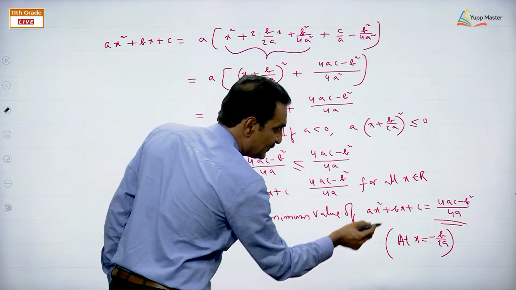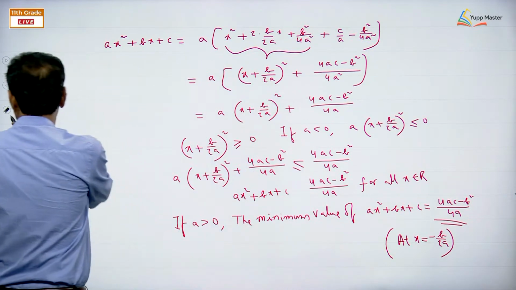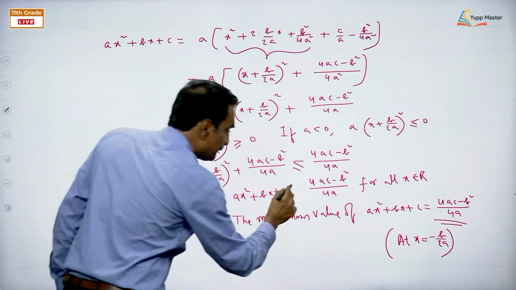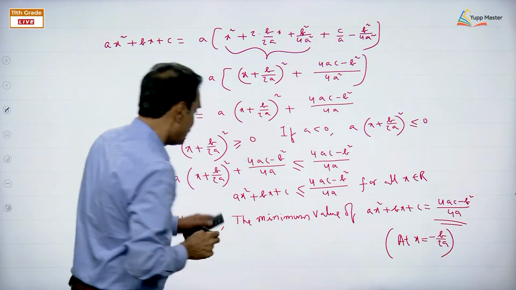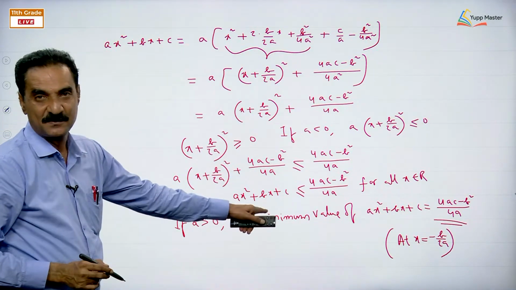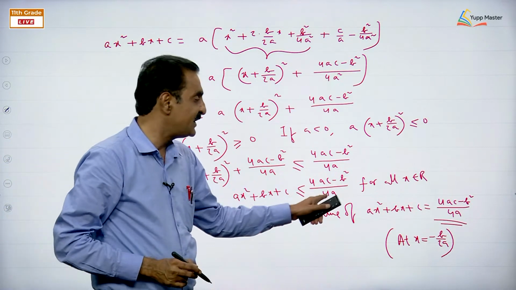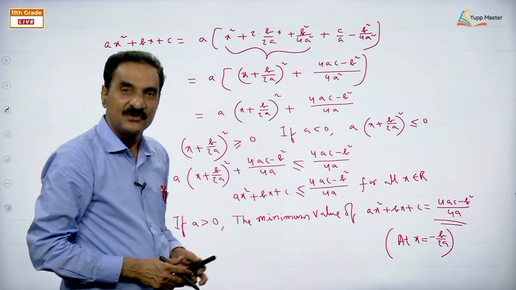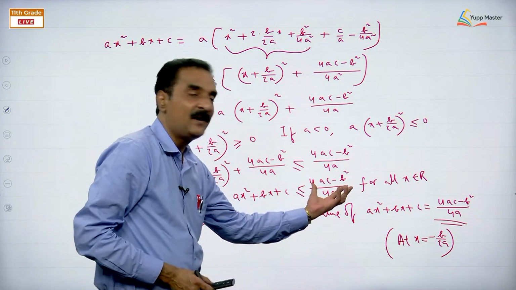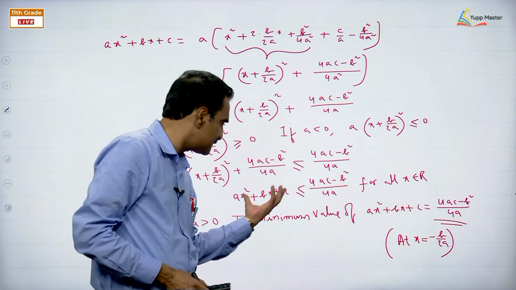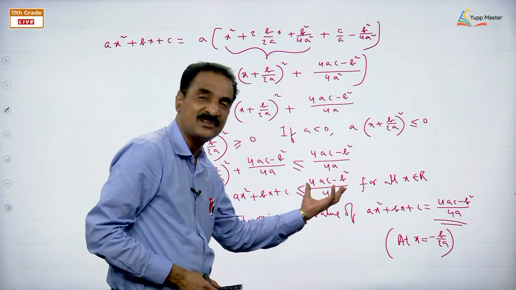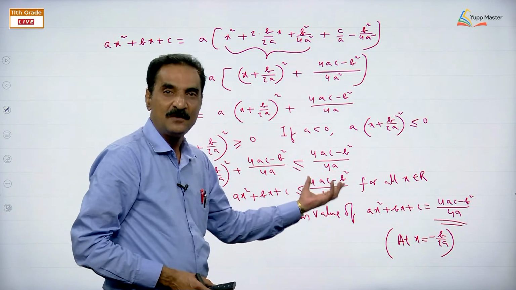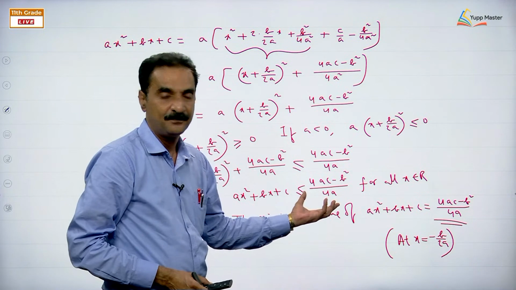All these greater than or equal to become less than or equal to. So, ax square plus bx plus c is less than or equal to 4ac minus b square by 4a for all real values of x. So it is the maximum value. For any value of x, this expression cannot exceed this fixed number. So it is called the maximum value or greatest value.